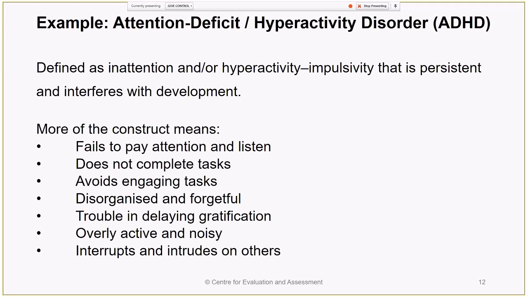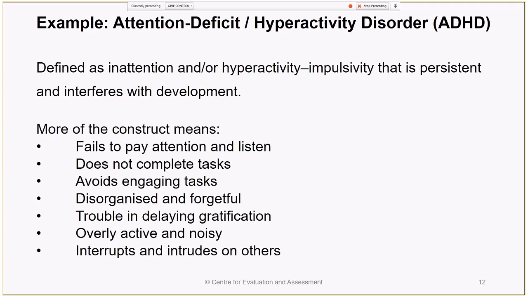The example I'm using today is attention deficit hyperactivity disorder, ADHD. So that's just the construct that I'm using as an example. It's defined as inattention and/or hyperactivity and impulsivity that is persistent and interferes with development. So if somebody has more of this construct of ADHD, it means some of the following.